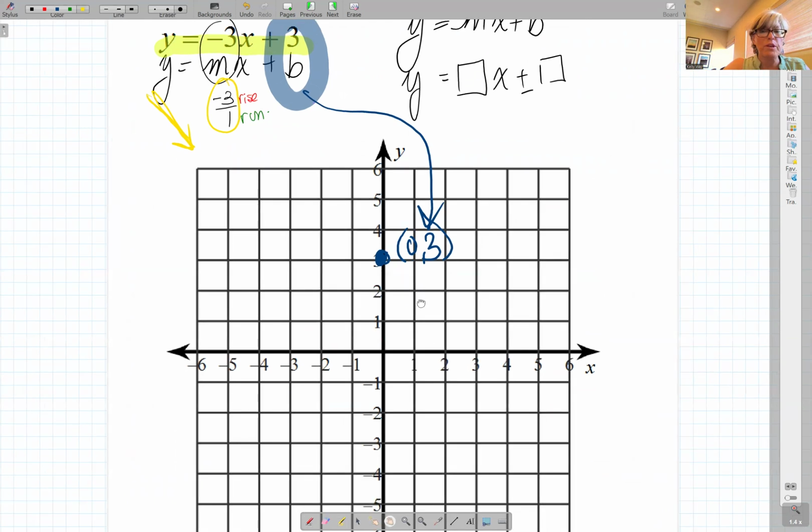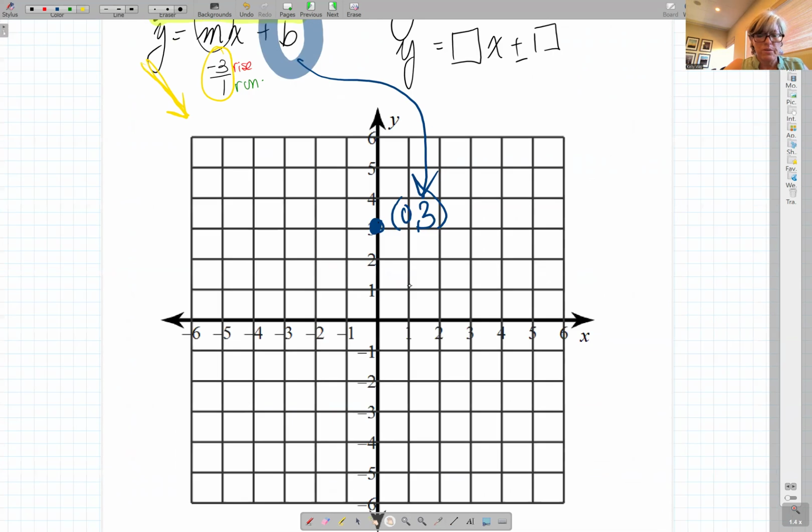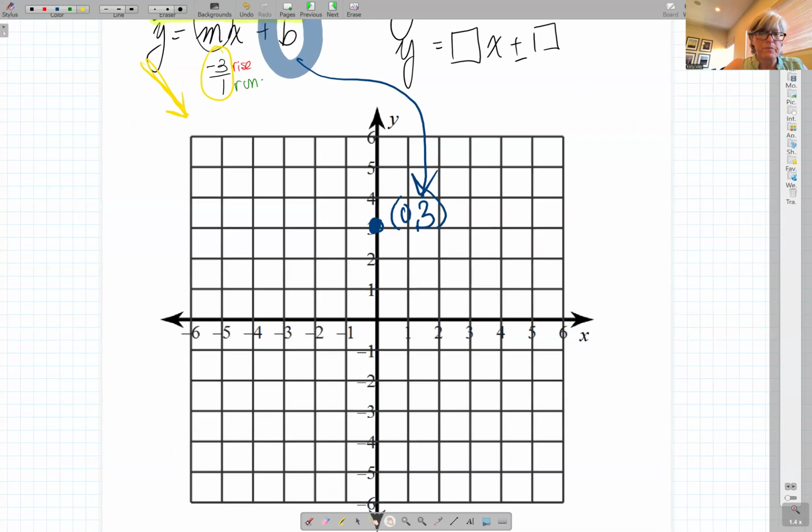So to plot this, I'm going to rise 3. 1, 2, 3. I'm going to run 1, but I have to go to the left because it has to tilt downward. So that's rise 3, run 1, and that will give me a downward tilting line.